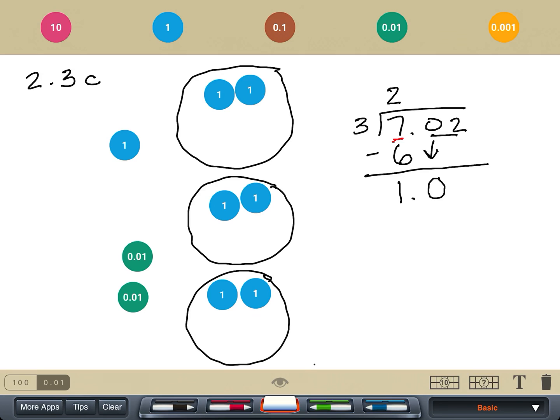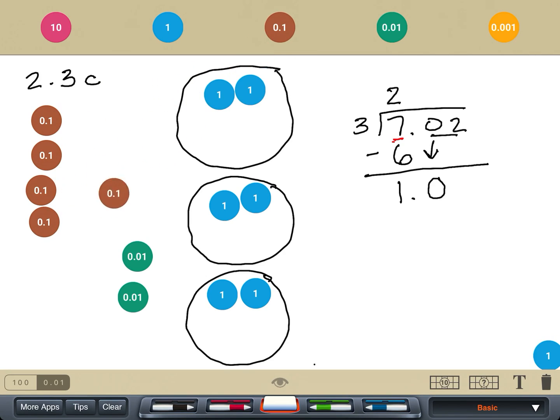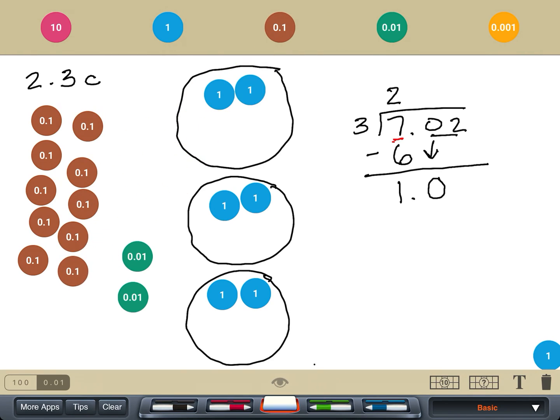So I'm going to scoot this guy down over here. Let's do 1, 2, 3, 4, 5, 6, 7, 8, 9, 10. These 10 tenths are the same as that 1 whole. And now we can divide these 10 tenths into our 3 groups.